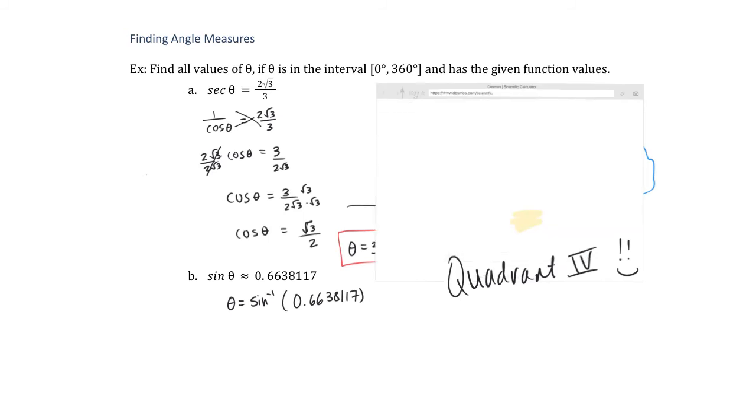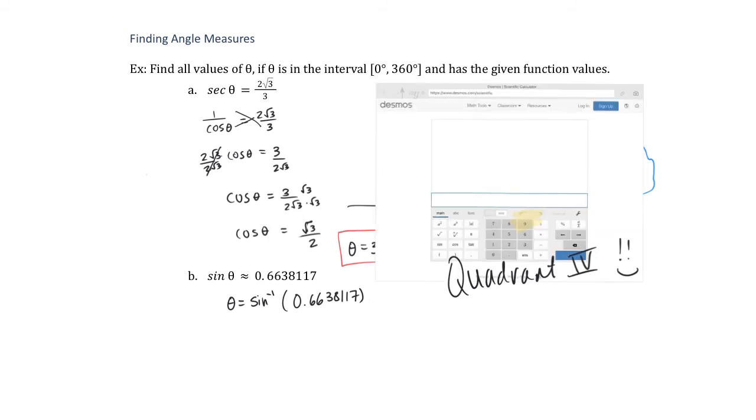All right, so I go to my functions, and I do the inverse sine of 0.6638117.